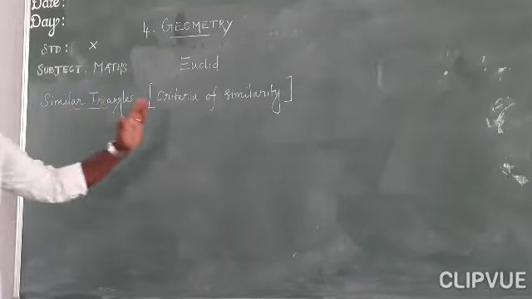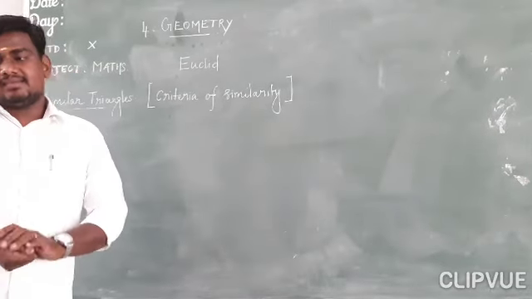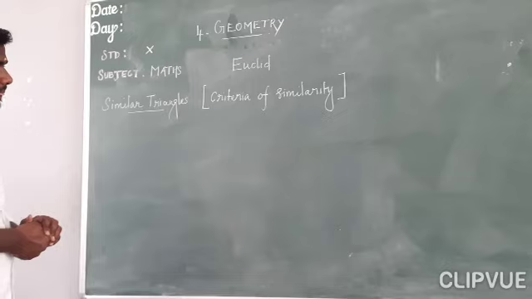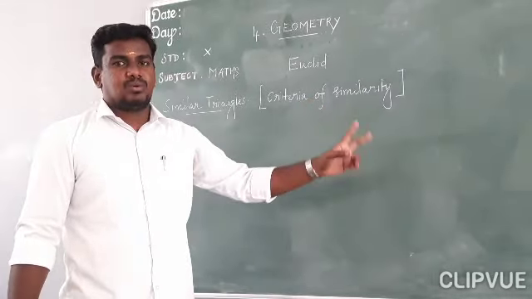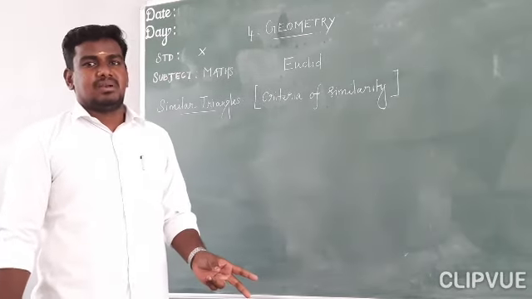Next, criteria of similarity. It is used to prove whether two triangles are similar or not similar.